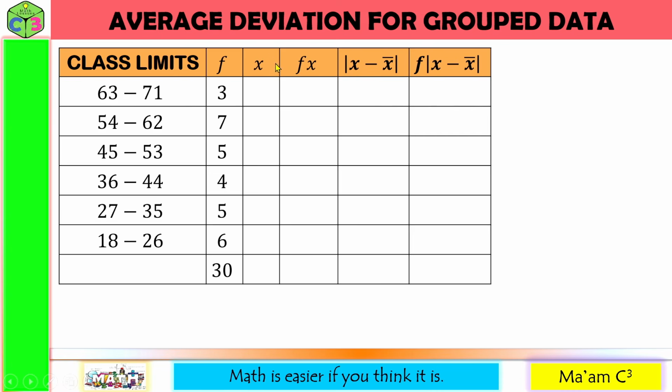To determine the class midpoint or class mark, simply add the two limits, 63 plus 71, and then divided by 2.